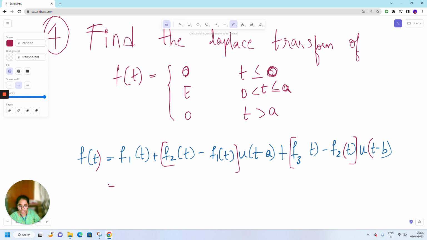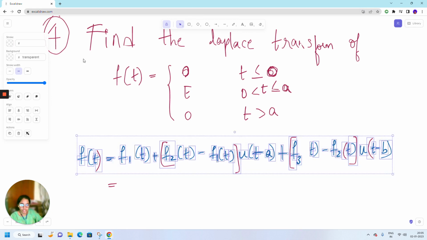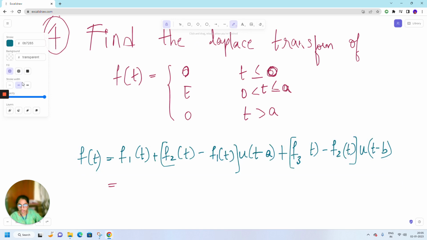What is the formula? We have f of t is equal to f1 of t. What do you have in place of f1 of t? In place of f1 of t, I have 0 plus f2 of t, which is e minus 0 u of, in place of a, I have 0, in place of b, I have a.